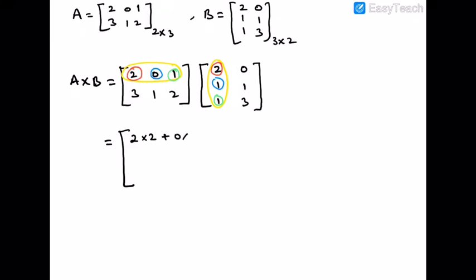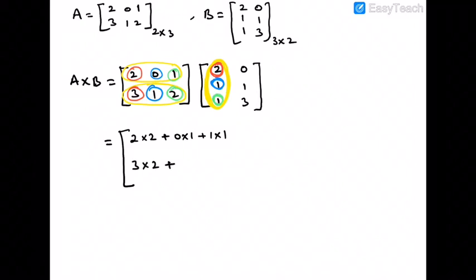So it will be 2 times 2 plus 0 times 1 plus 1 times 1. Similarly, now take the second row of matrix A and do the same operation. So we will get 3 times 2 plus 1 times 1 plus 2 times 1.